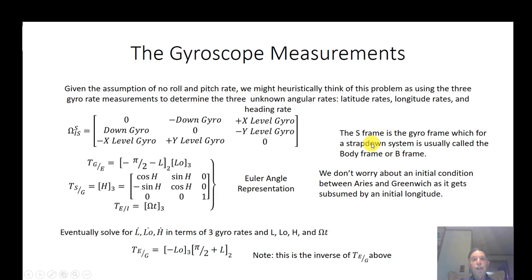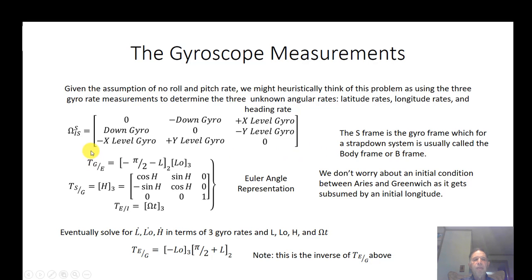Now let's take a look at what the gyroscopes measure. Given the assumption of no roll and pitch rate, we might heuristically think of this problem as using the three gyro rate measurements to determine the three unknown angular rates: latitude rate, longitude rate, and heading rate.